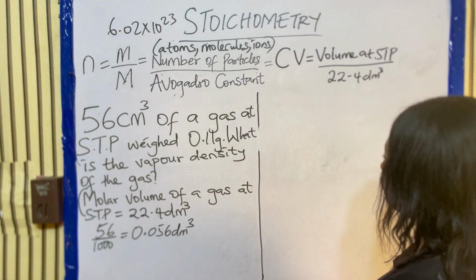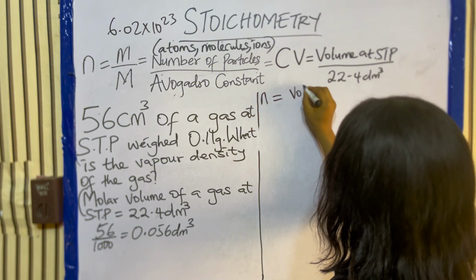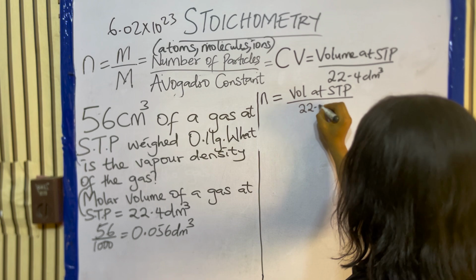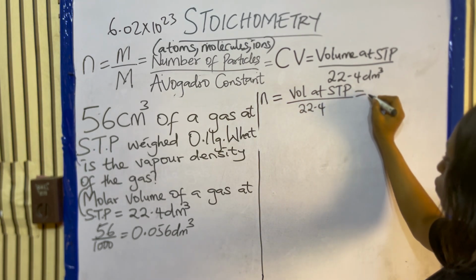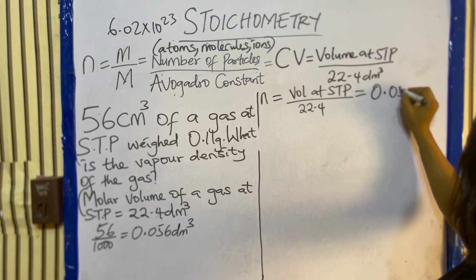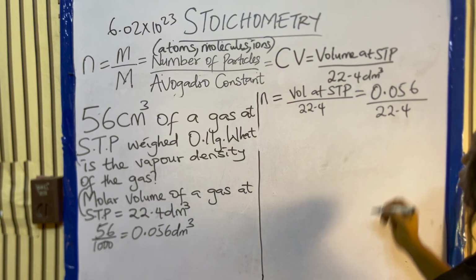So we can now solve. Number of mole is equal to volume at STP over 22.4. The volume now is in dm cube, 0.056 over 22.4 dm cube.